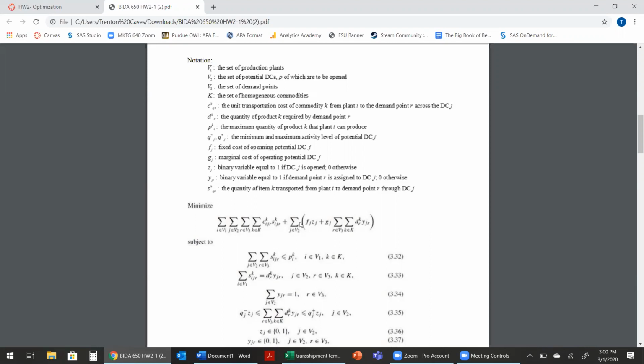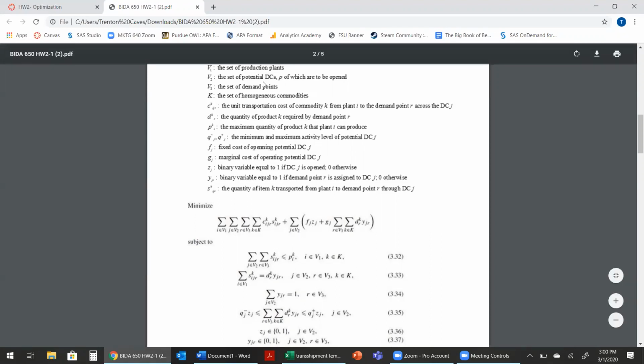So then break down the second half of the equation. The first sum, j subset V2, refers to the same potential decision point or distribution centers, P of which are to be opened. What that tells us is that we're trying to determine how many distribution centers we need to have.